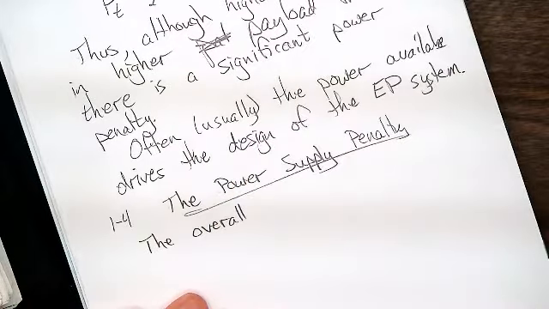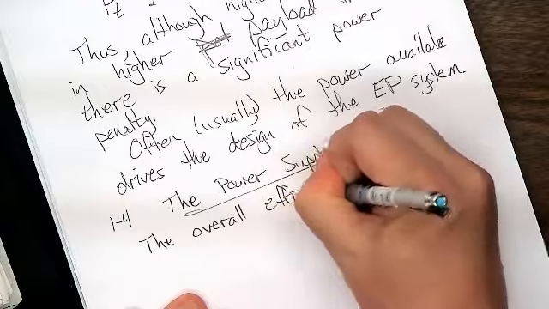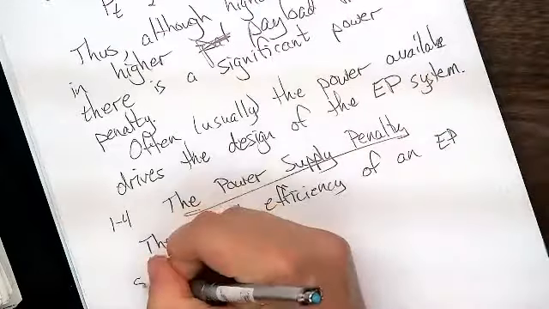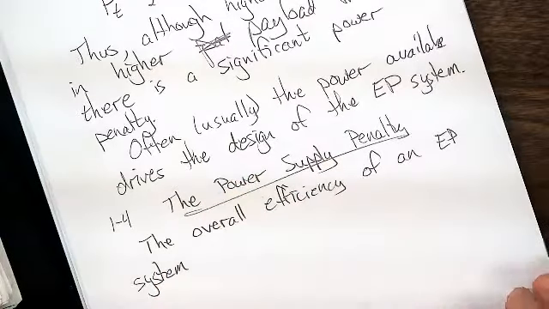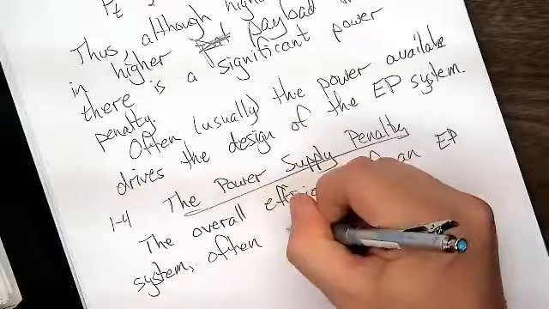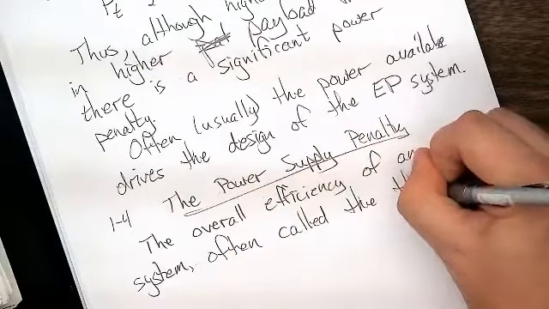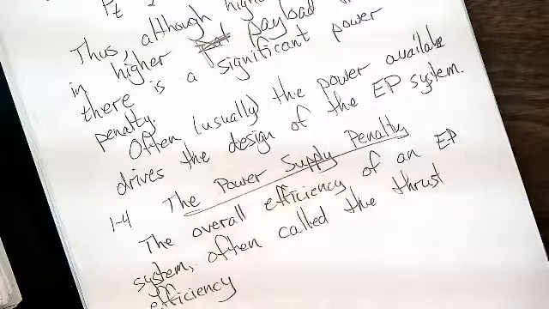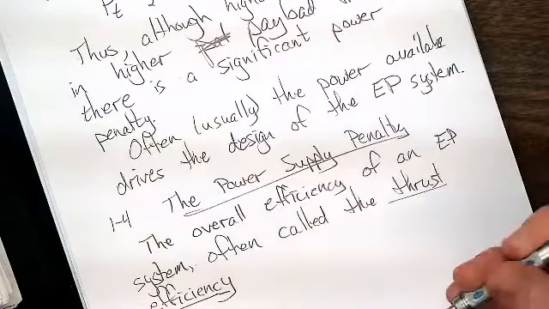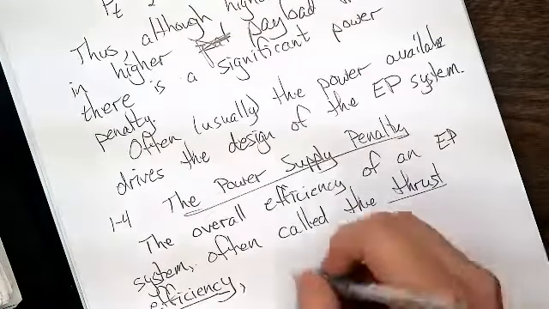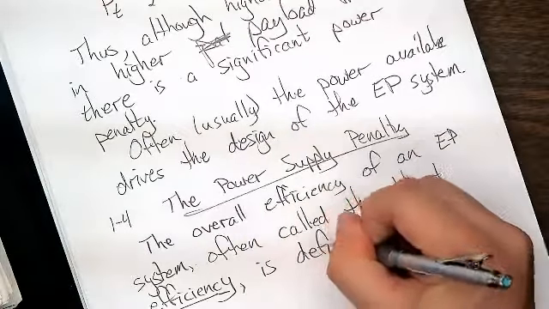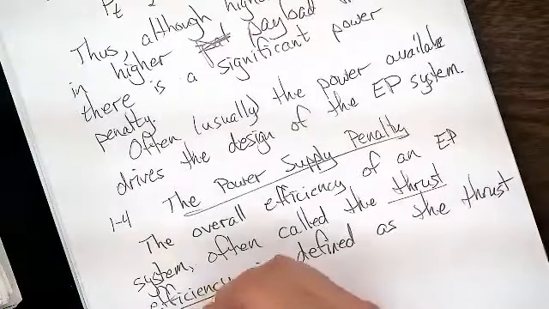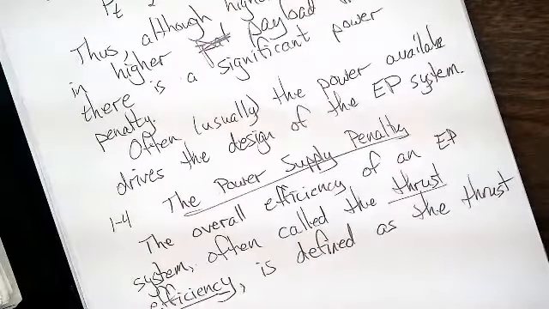And so that is the topic of this section. The overall efficiency of an EP system is often called the thrust efficiency, and this is defined as the thrust power divided by the total electric power required.